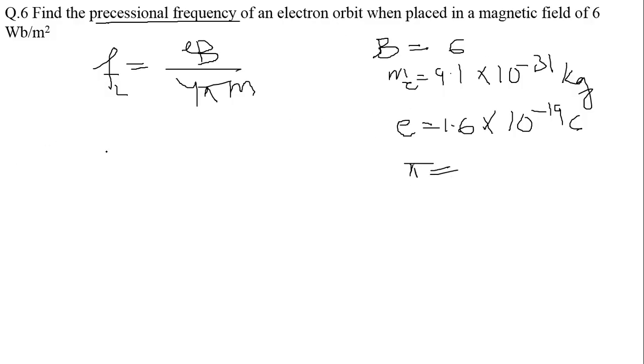If we put all these values, then we can calculate Fl, and the value of Fl will be in hertz. So please put these values and calculate the value of the Larmor frequency, which is known as the precessional frequency. Please calculate and tell me what the value is.